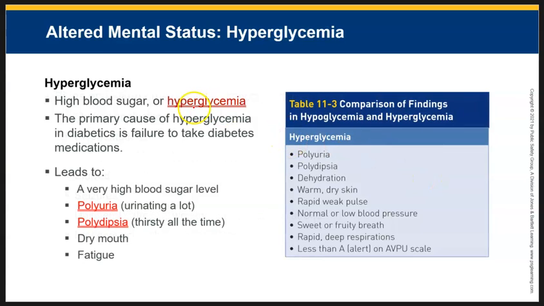Hyperglycemia, the opposite, too much blood sugar, also presents itself with some particular signs and symptoms, but in this case we may encounter polyuria or polydipsia, dehydration, rapid pulse, lowered blood pressure, and this is one that occurs just because of a condition called ketoacidosis: sweet or fruity breath.